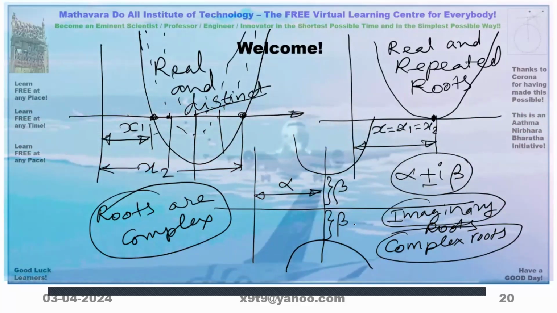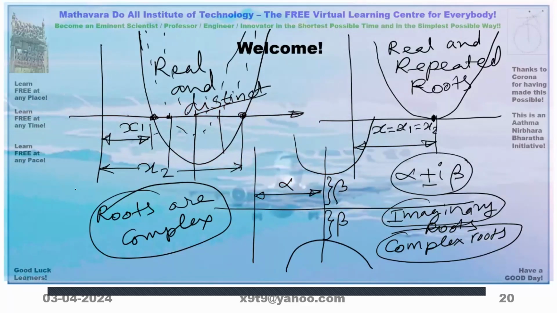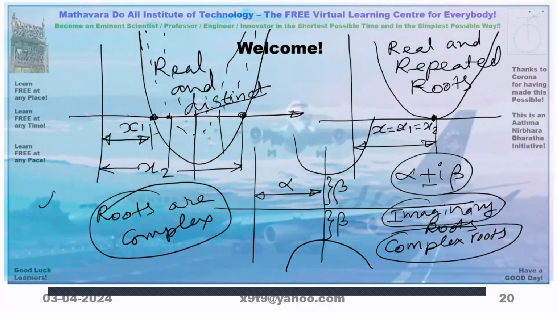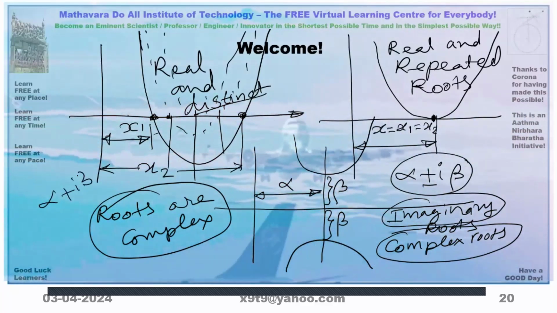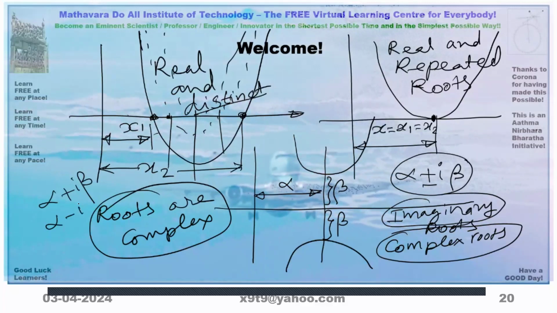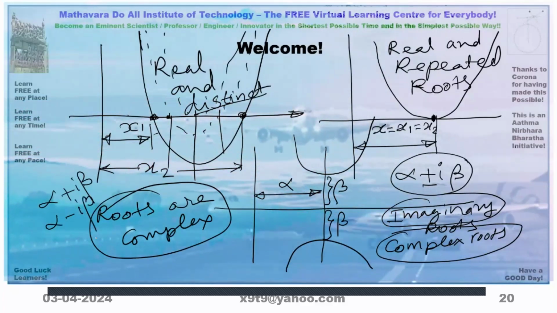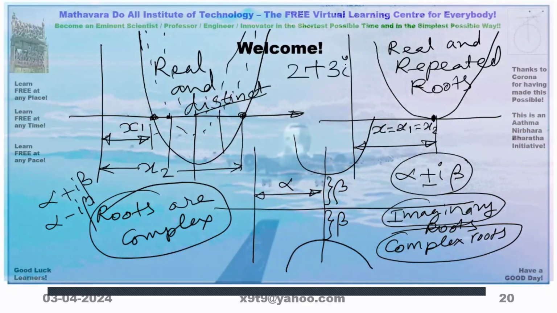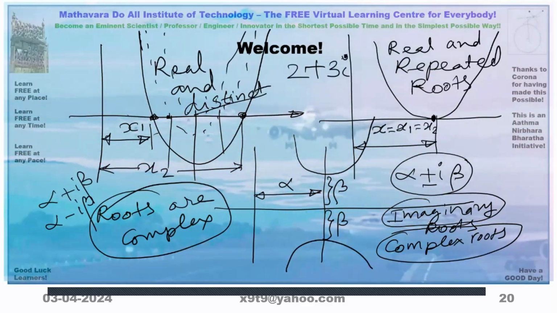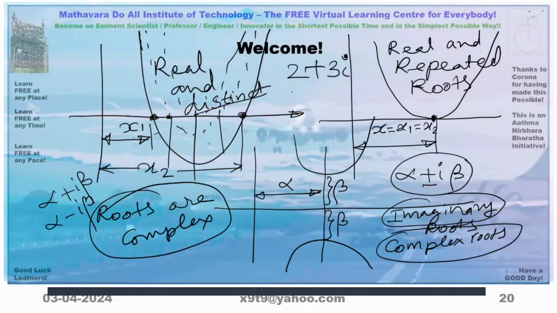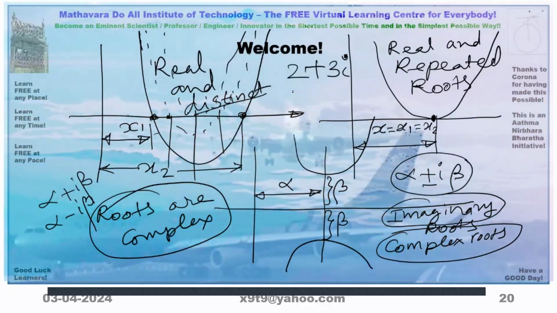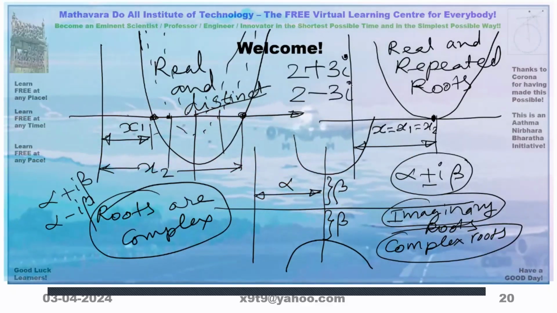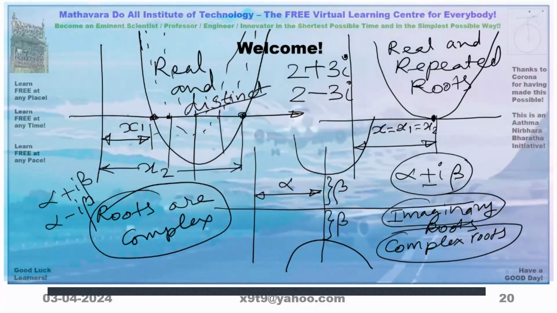So these complex roots have a property, that is they occur always in one pair. So if alpha plus i beta is a root, then alpha minus i beta is also a root. That means suppose we say 2 plus 3i is a complex root. What is the other root? It will be 2 minus 3i. You are able to follow?